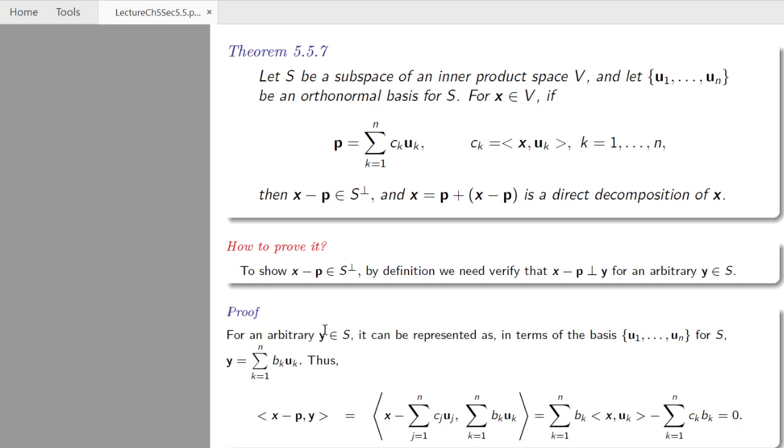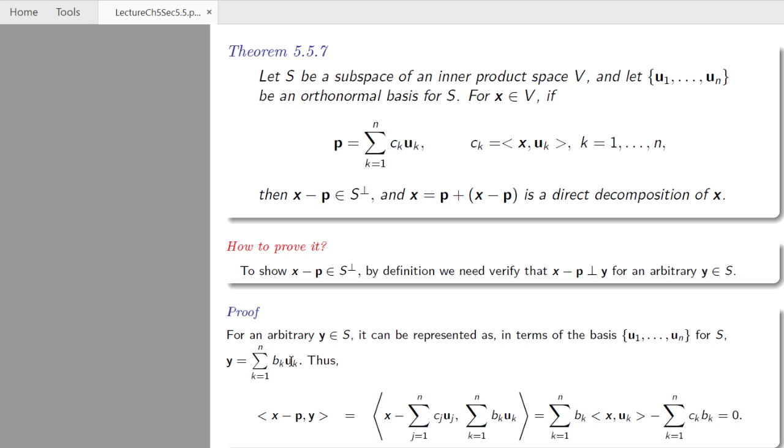First of all, we pick an arbitrary Y from the subspace S. Then we can represent Y as a linear combination of the basis of S, so we write Y as the linear combination of UK.